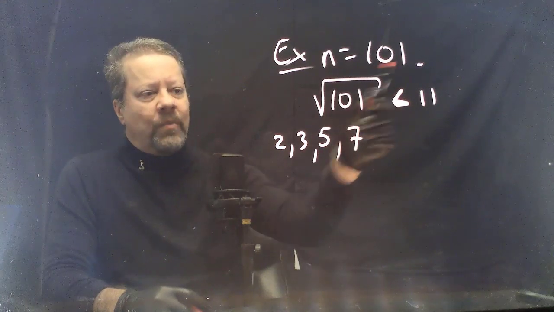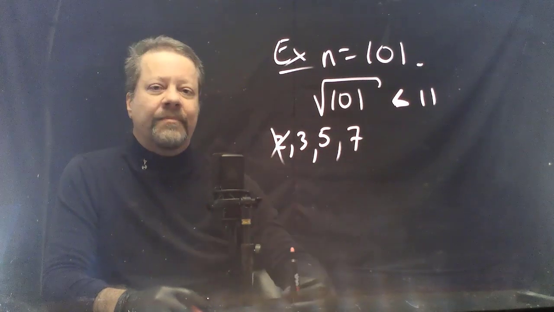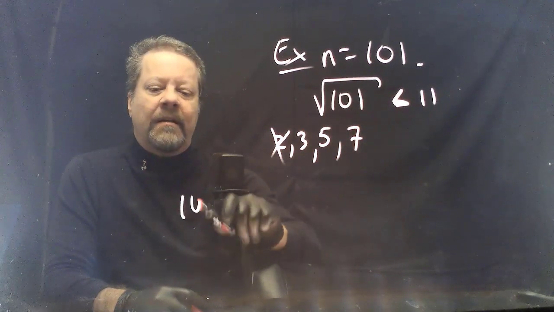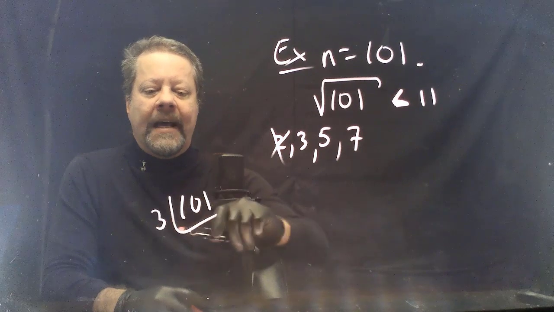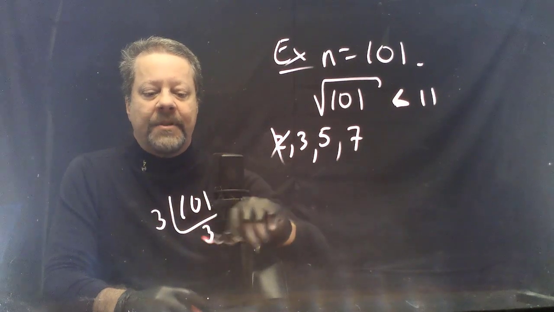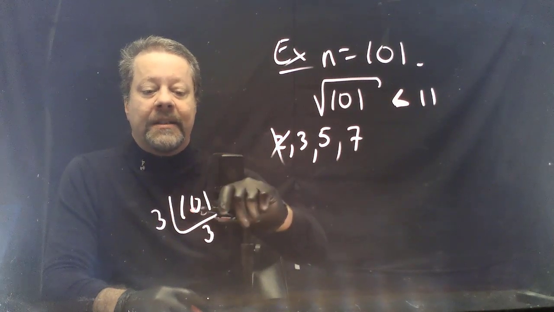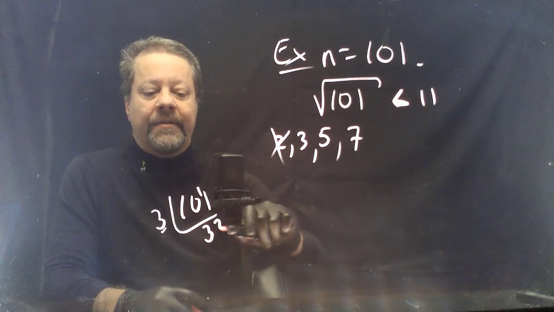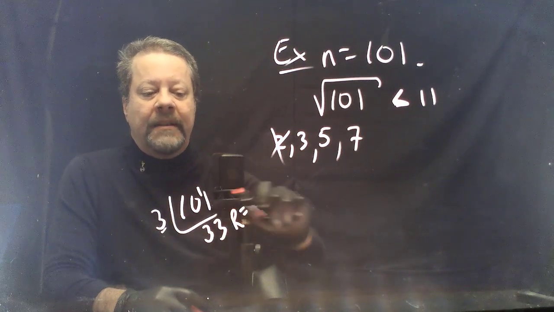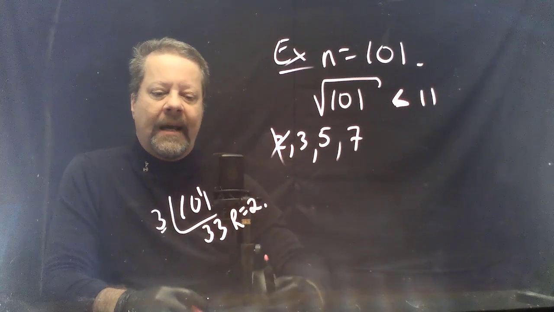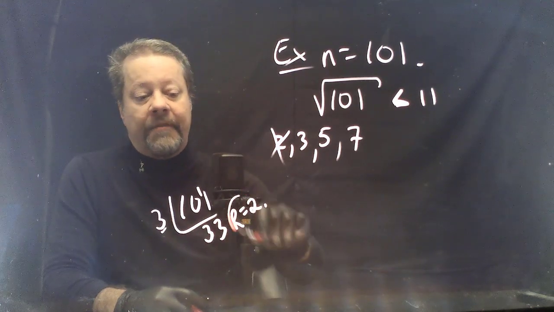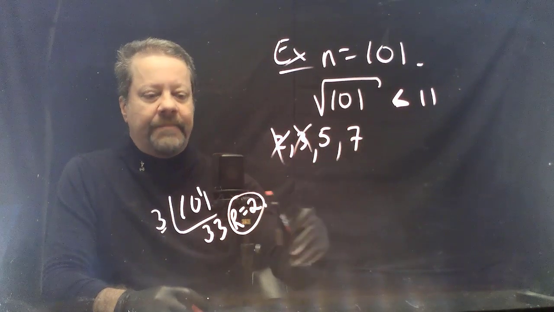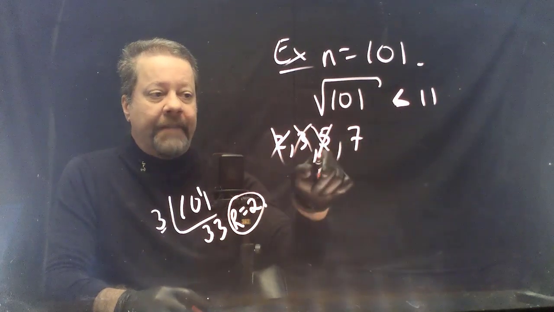Well, 101 is not divisible by 2. It's not divisible by 3 either. If you divide, 3 goes into 10 with the remainder of 1. It goes into 11 3 times with the remainder equal to 2. And so the fact that the remainder is not 0 means that 3 is not a divisor. It's clearly not divisible by 5.